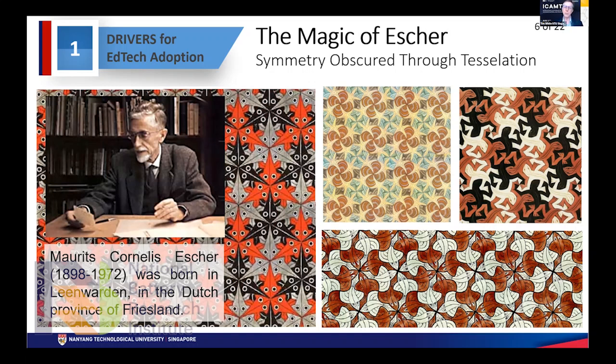And some of you who have taught in this area will know that the Escher-style drawings are often a great way to start because they're fascinating and beautiful in their own right. But you can take students through the way in which Escher was able to create these tessellations and how he was very clever at hiding the underlying simple symmetry which was there.